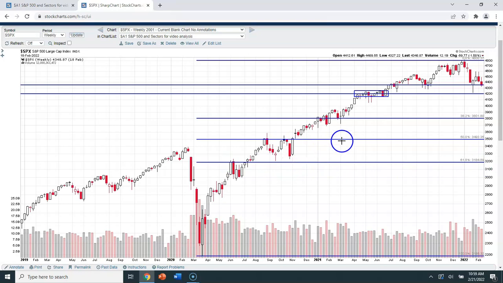So again, if the market continues to fall below 4,200 and we break below 3,800, then the next downside target would be around 3,500. If that doesn't hold, then 3,200, and there's a lot of trading right in there. So it could stop anywhere right in here. And if we retrace 61.8% of this entire move, that would bring us down to right around this 3,200 level, and that would be the top end of this right here.